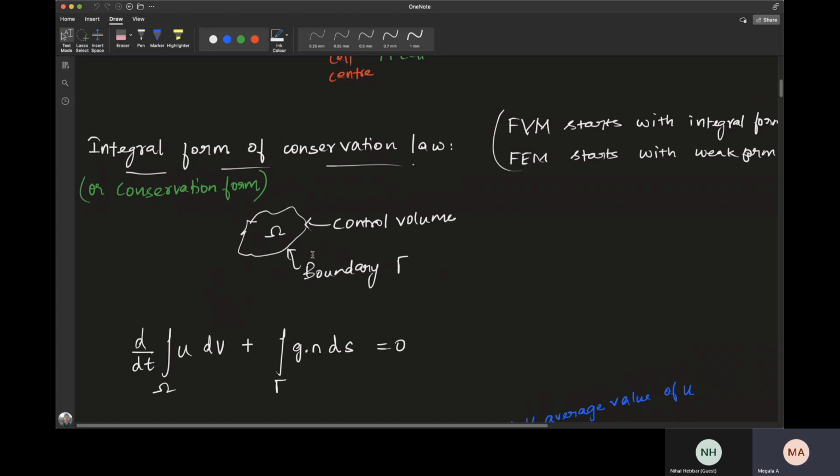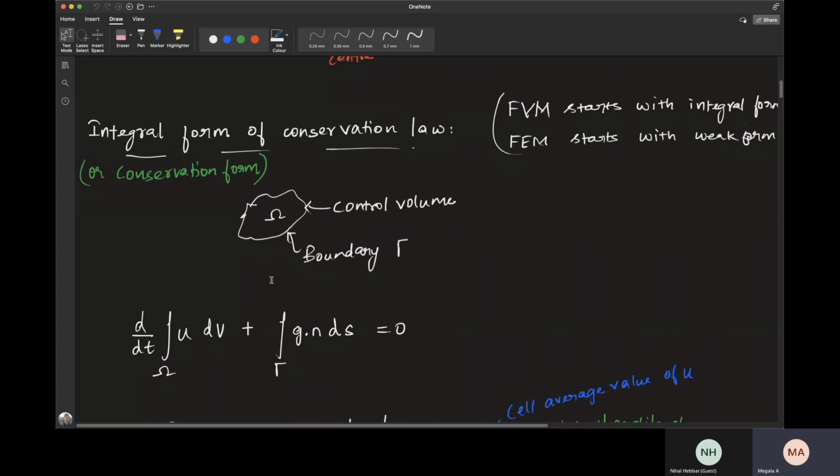That is omega, and the boundary of that control volume is gamma. So if the physical domain moves, then your control volume moves along with the physical domain. The control volume is fixed on the physical domain, but wherever it moves, the control volume will also move. It's such a construction.